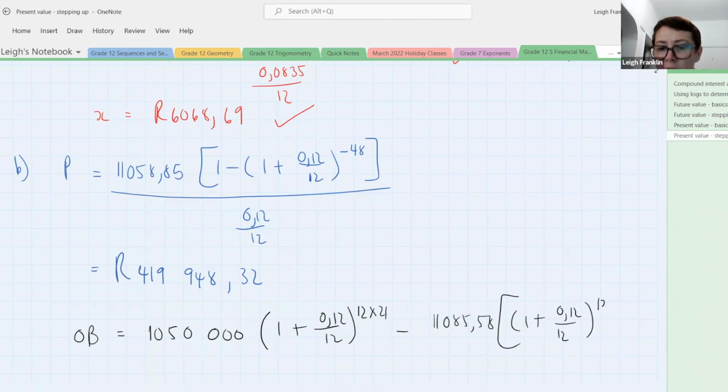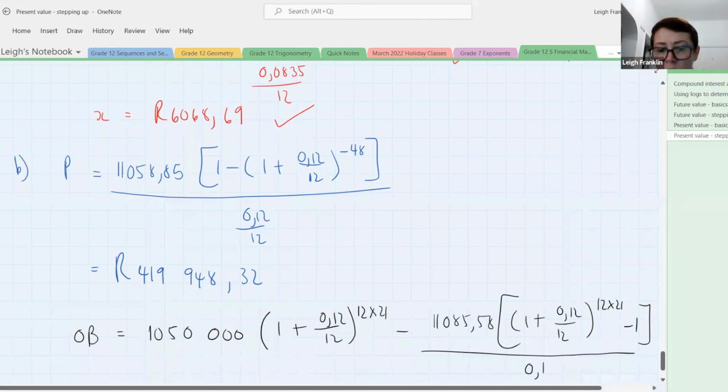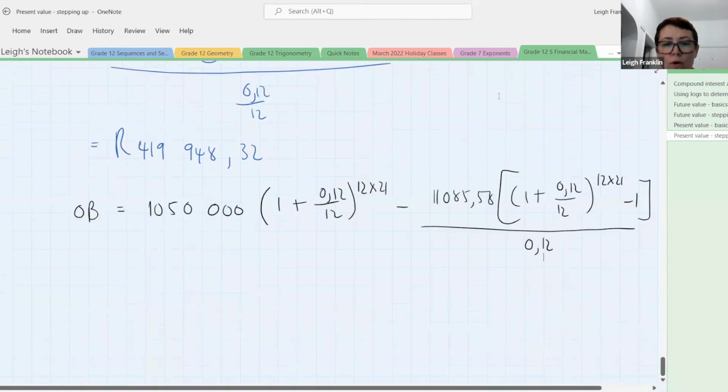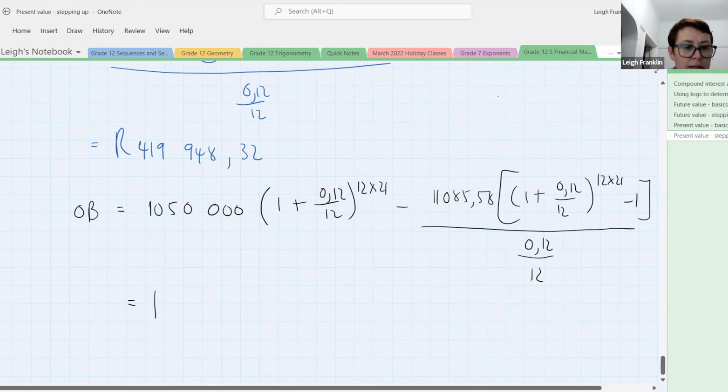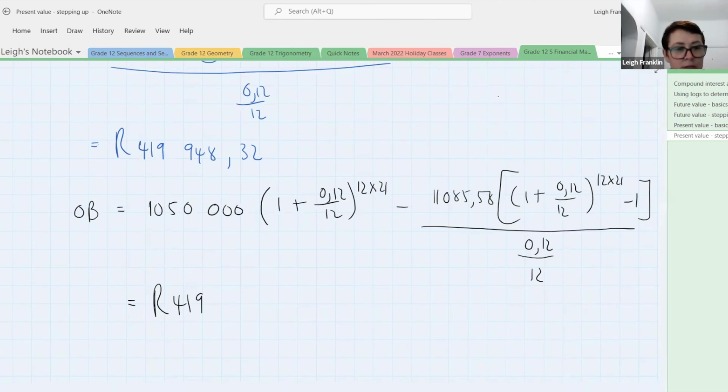And he has made 21 years of payments once a month. 0,12 all over. And here we end up, can you see a very similar answer, but just slightly different. 419,952 Rand and 39 cents.